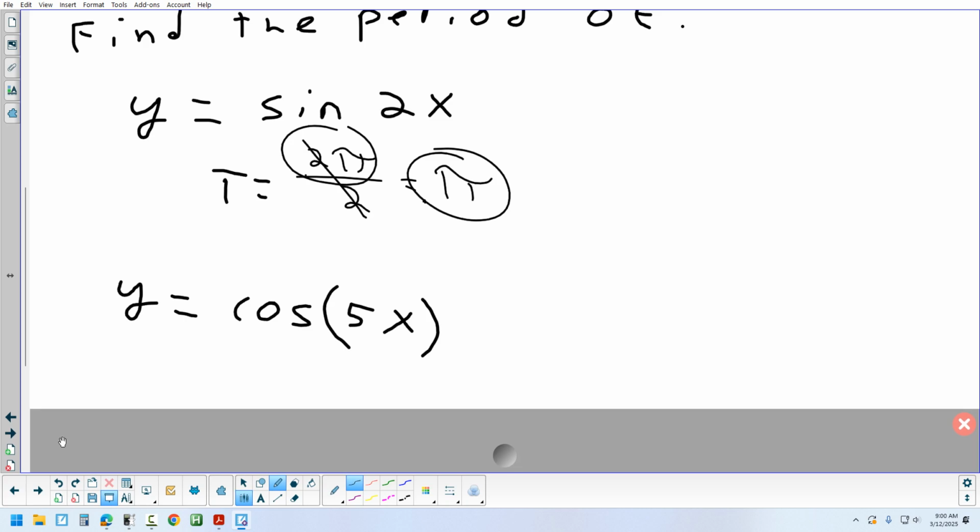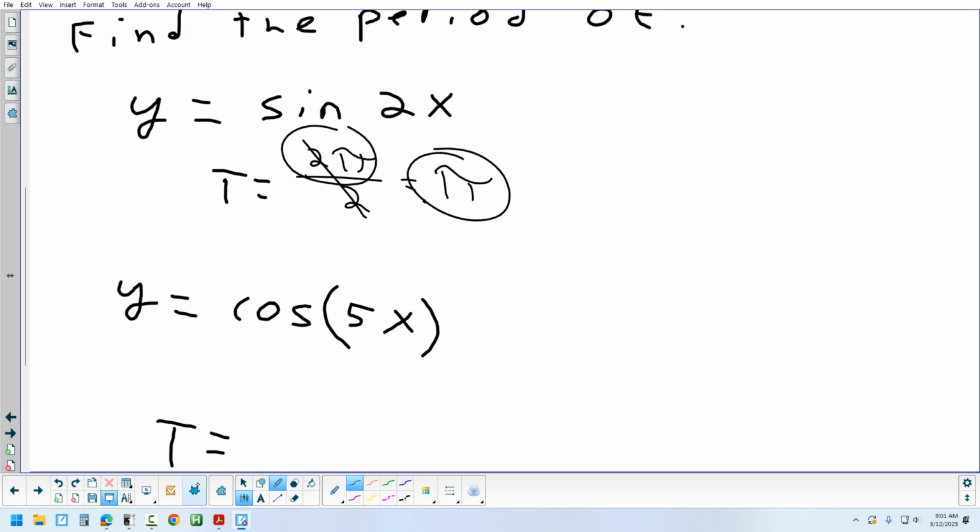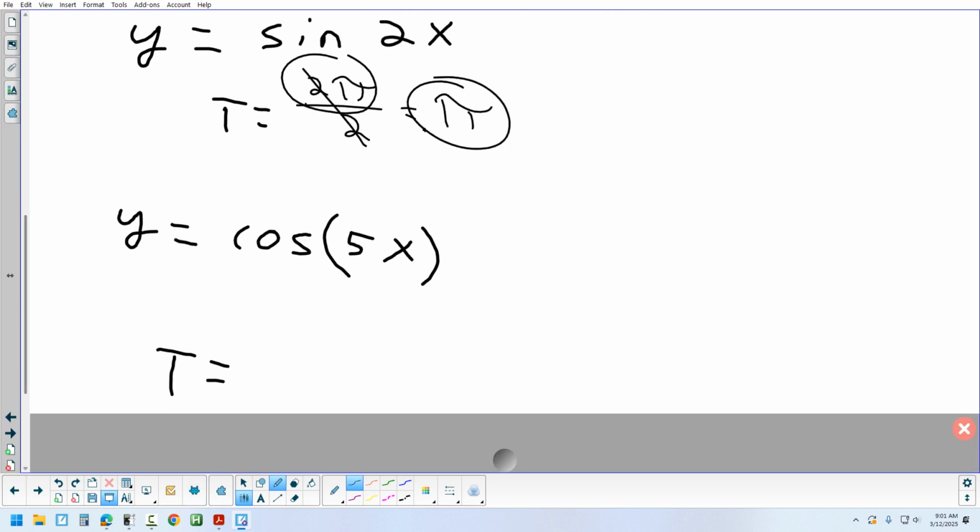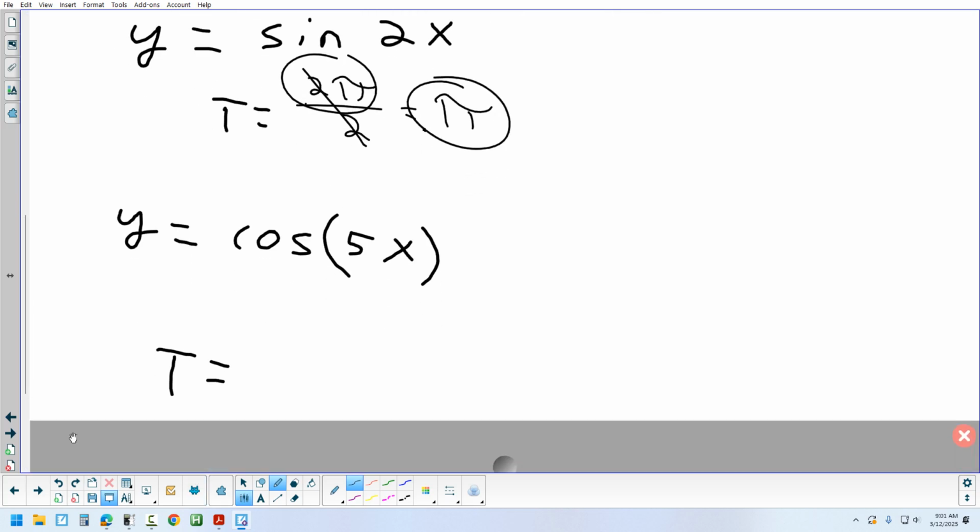Right, let's look at this one. Before we do it, is this graph going to stretch or is it going to compress? That's going to compress. Okay. The cycle of this graph is going to be 5 times shorter than the original. All right. So my formula, T equals, let's see.